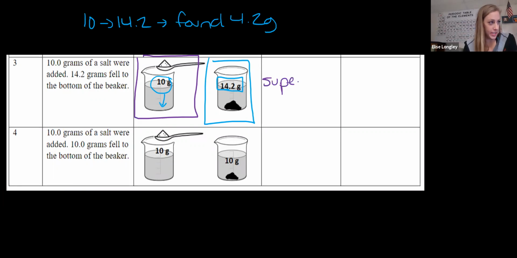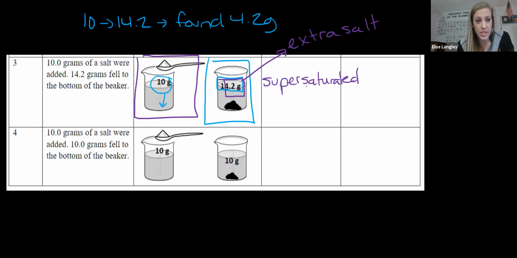So what happened here is that there was more salt dissolved than should have been allowed. There should not have been that 4.2 grams that fell out. That is extra salt that should not have been able to dissolve. But for whatever reason it was, whether they heated it up and cooled it back down or whatever.